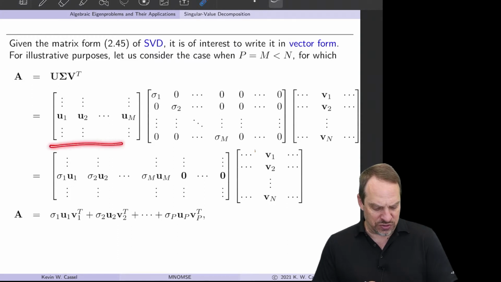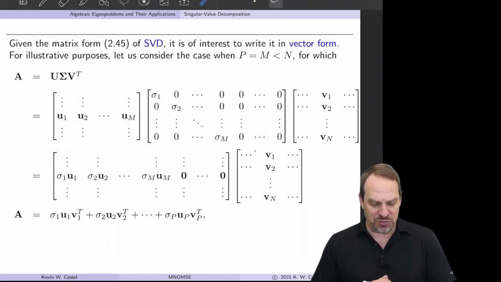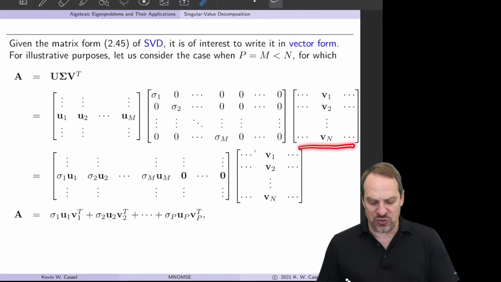But here's U. Again, it has the left singular vectors as its columns. Sigma, here again I've shown it with m being less than n, either way is fine, and it has the singular values down the main diagonal. And then V transpose, which has the right singular vectors as its rows, because we've taken the transpose.